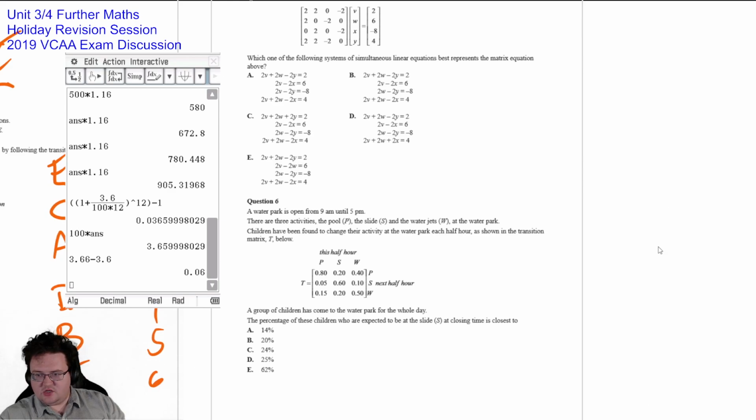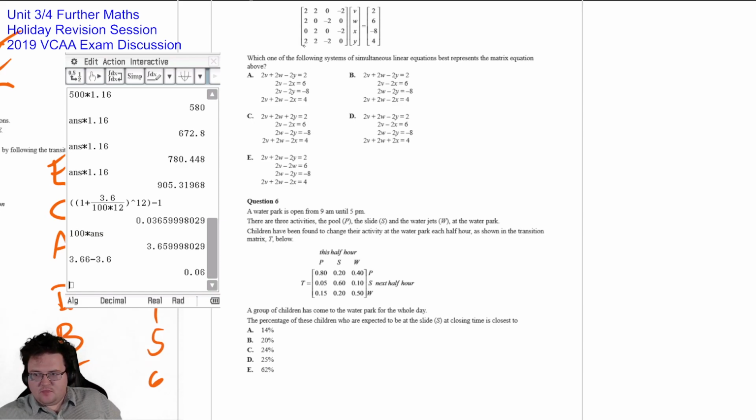So let's just quickly go through and see if we can find any that are complete nonsense. All of our answers are laid out the same way, so we can't rule any out just by the layout. So let's look here.